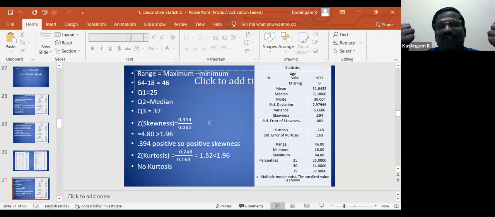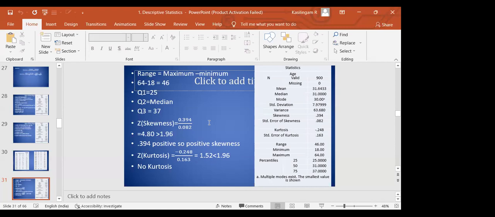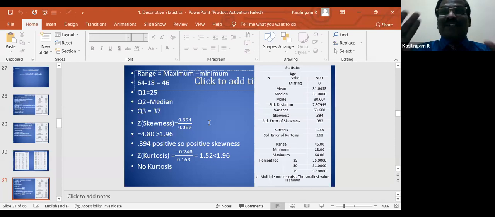When the null hypothesis is rejected, what do we have to do? We should accept the alternate hypothesis. The null hypothesis is that there is no skewness.